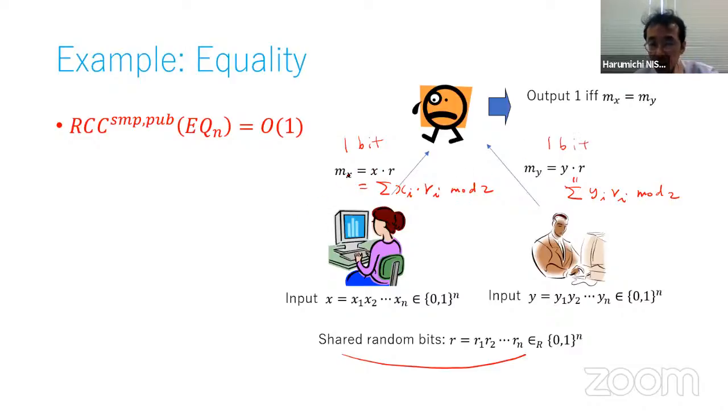Of course, if X equals Y, then the referee always outputs 1. On the other hand, if X is not equal to Y, then with probability 1/2, the referee outputs 0. So we can discriminate whether X equals Y or not by constant bits.